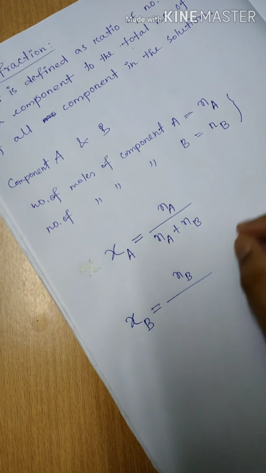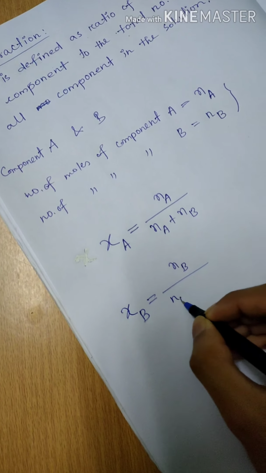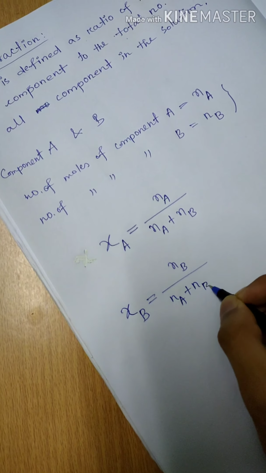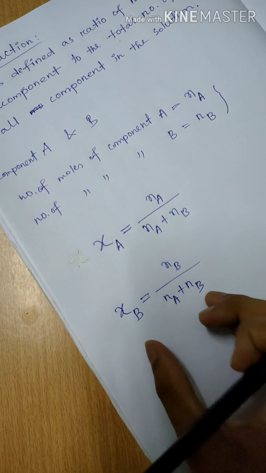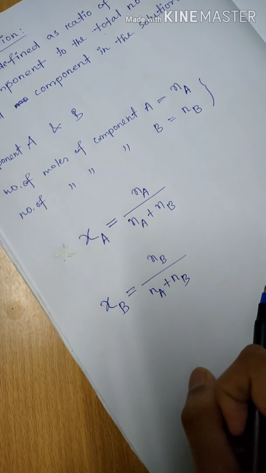Here also two components are there, so we write Na plus Nb. So this is the mole fraction of component B and this is the mole fraction of component A.